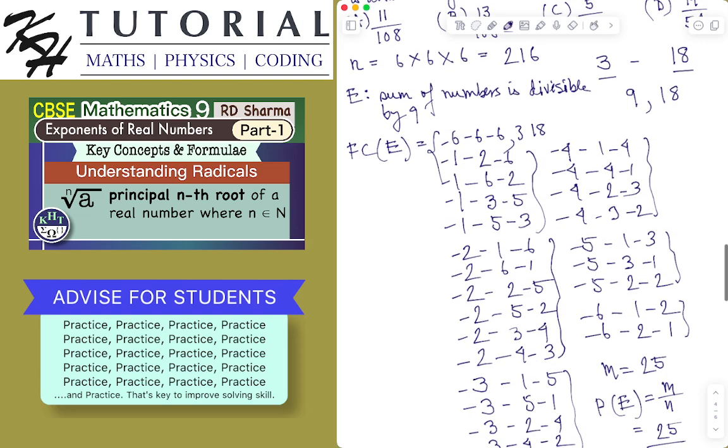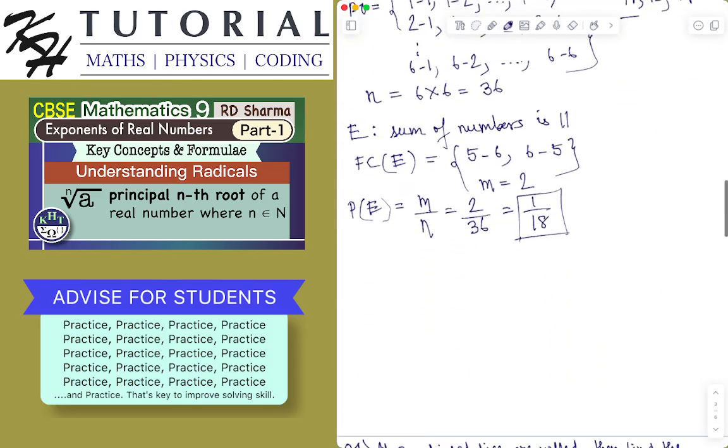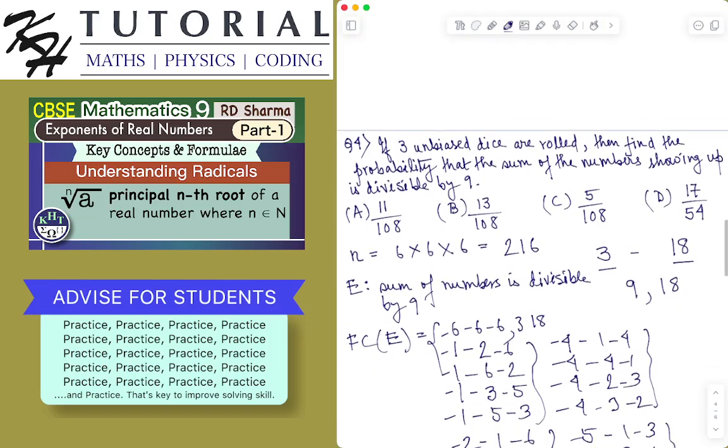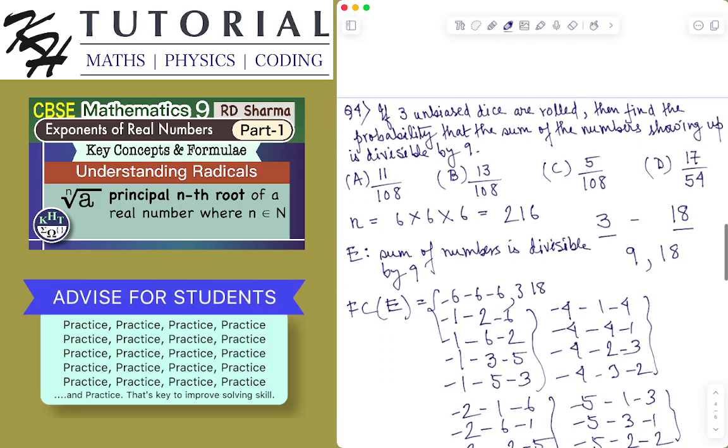Okay. So I might have done some mistake. The sum of the numbers showing up on the 3 dice can have a minimum value of 3 and a maximum value of 18.